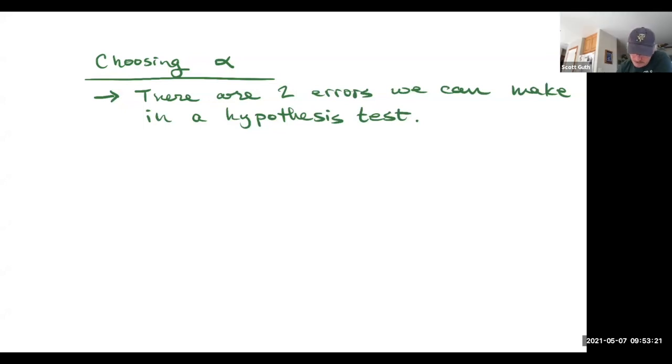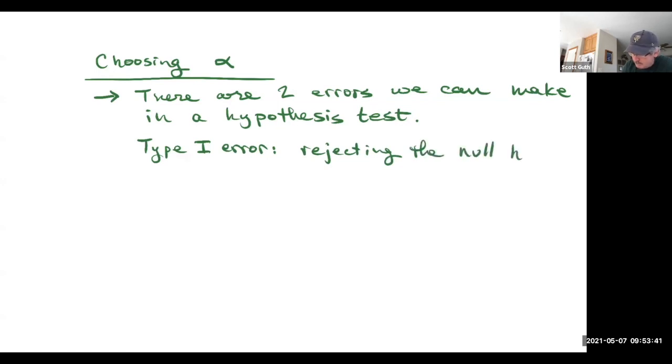So let me go ahead and define the errors here. A type 1 error is rejecting the null hypothesis when it's true. The type 2 error is the other, obviously.